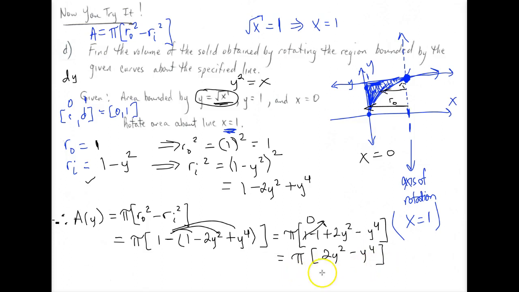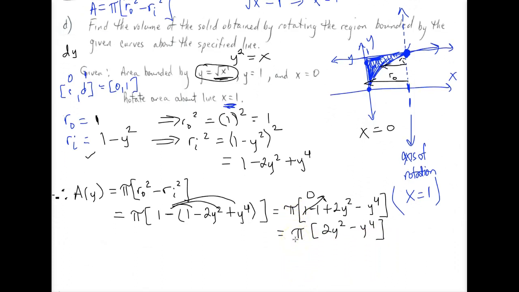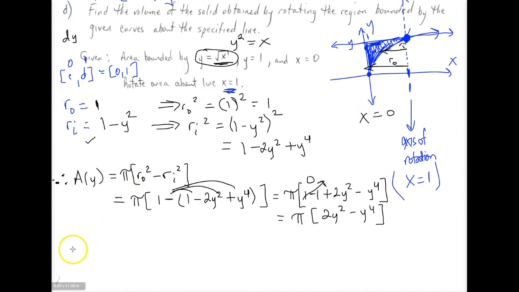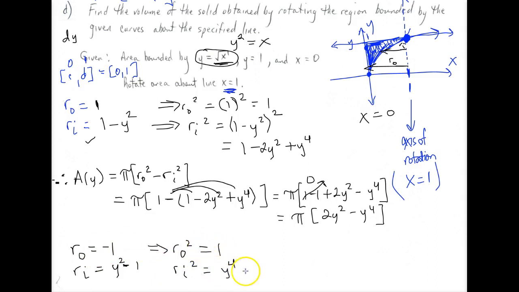And so just to prove my point here, I'm going to scroll down a bit. Let's say if we were to use r sub 0 to be negative 1 and r sub i being y squared minus 1, we would still end up with the same thing because r sub 0 squared would be 1 still, because negative 1 squared is 1, and r sub i squared would have just been y to the fourth minus 2 times y squared plus 1.